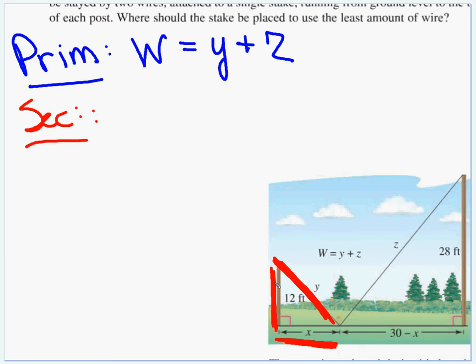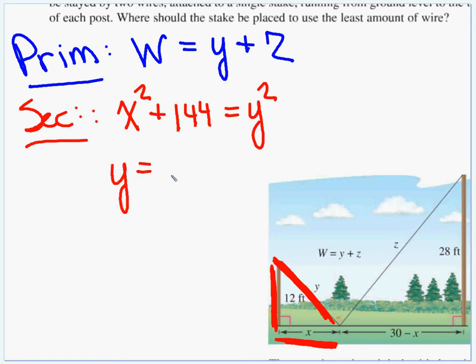This side, 12, is not going to change. So we could do Pythagorean Theorem. X squared plus 12 squared, I'm just going to write that as 144, is equal to y squared. And if we square root both sides, we're going to get y equals radical x squared plus 144.